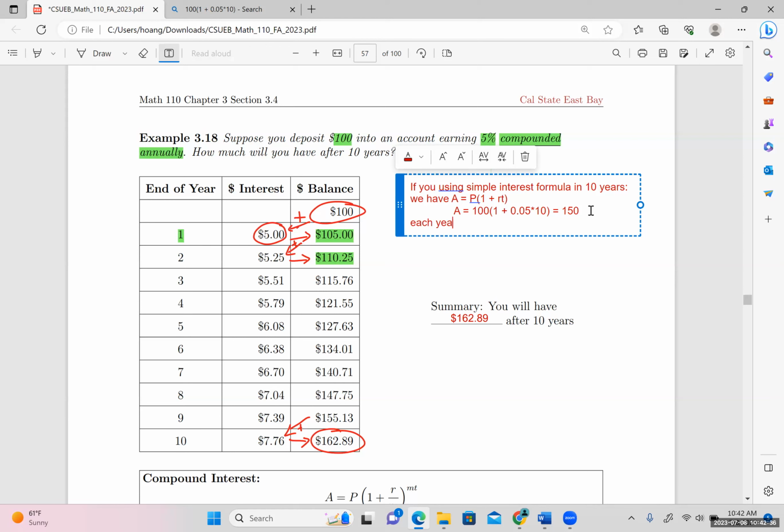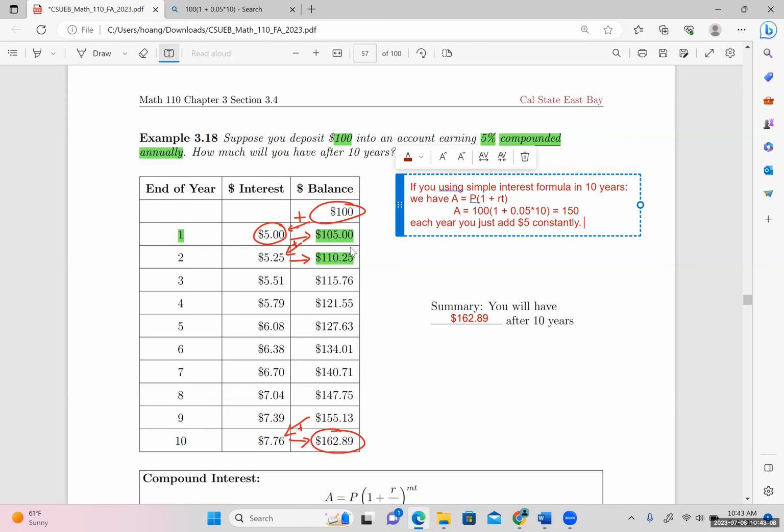Each year you just add $5 only, constantly. It's different from the compound amount, and compound amount is fair.